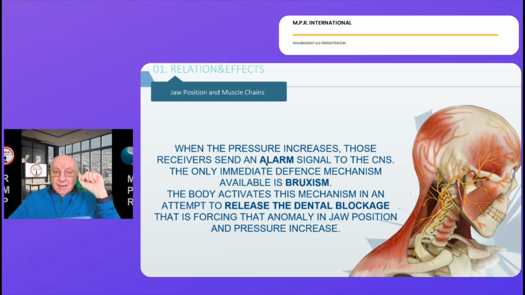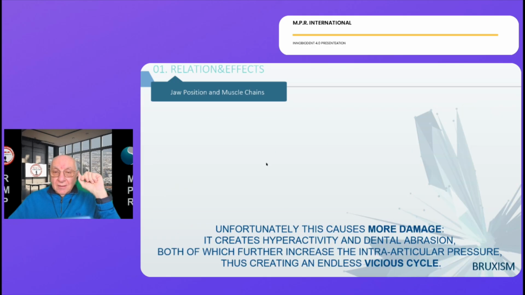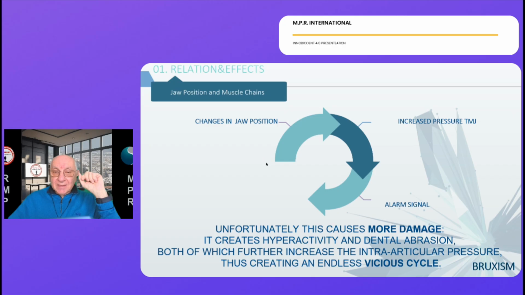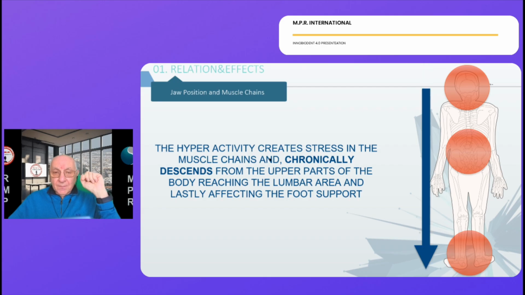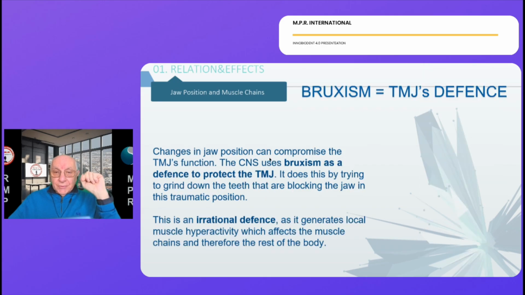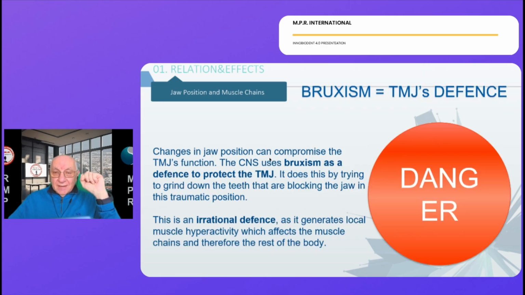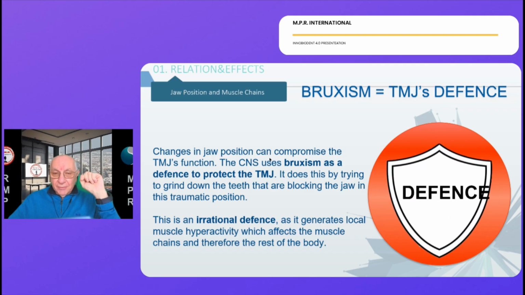TMJs, occlusion, and it starts slowly with bruxism, and slowly we create a descending alteration that can arrive until the feet. Bruxism, when we have danger in the TMJs, is a defense for the TMJs.